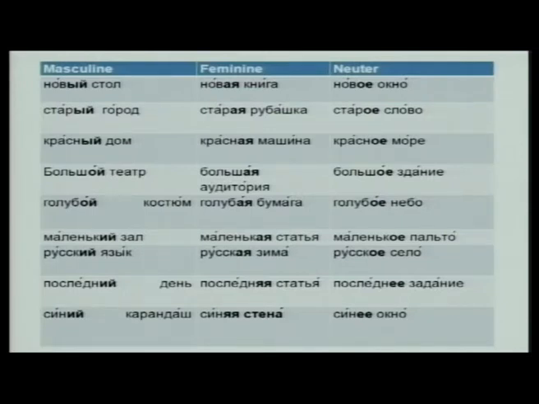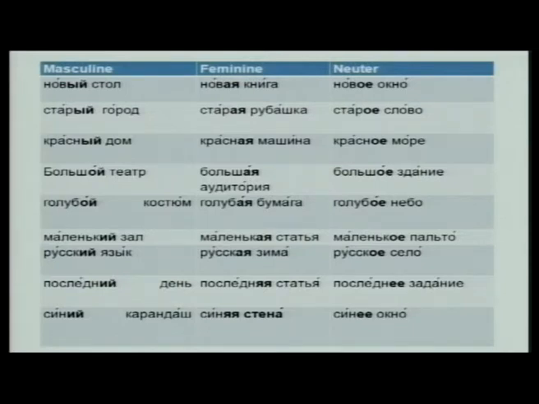Новая книга, старая рубашка, красная машина, большая аудитория, голубая бумага, маленькая статья, русская зима, последняя статья and синяя стена.